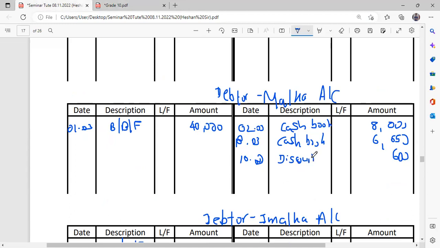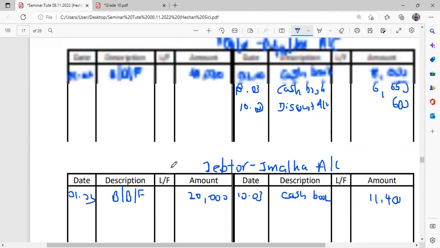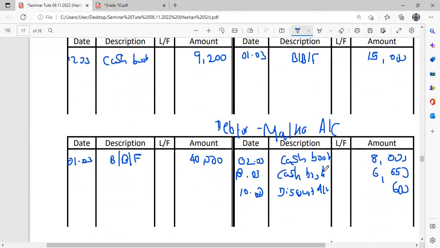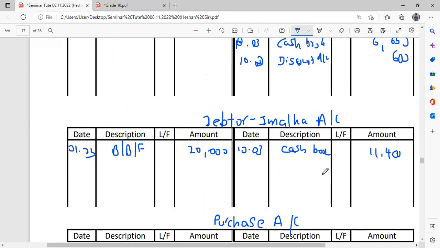Discounts allowed, because we allowed it to the debtors, right? And the other one, this is debtor Imalka, Imalka's account.